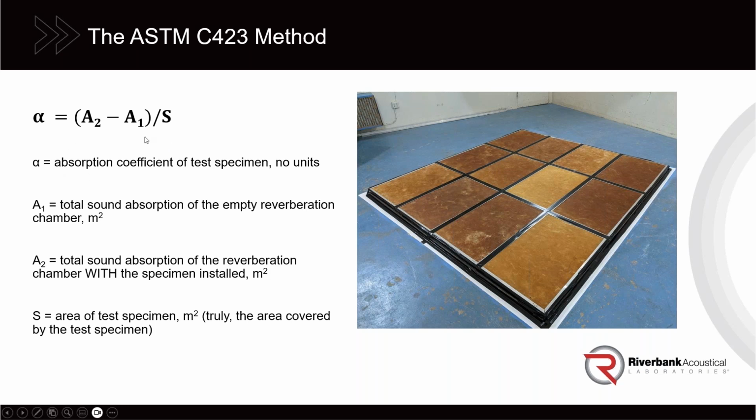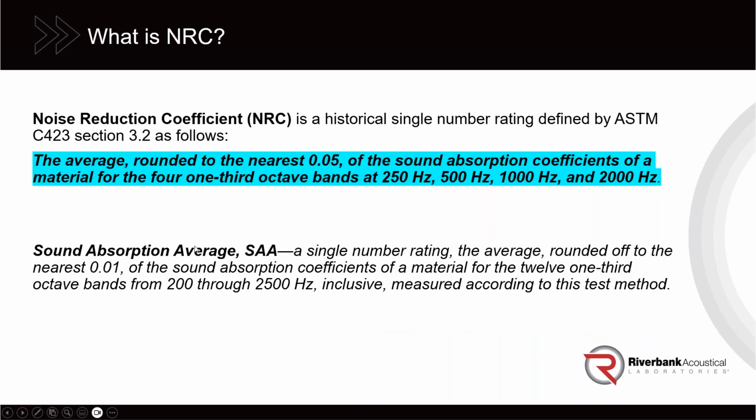We use this term to describe the Sabins per unit area of material, the sound absorption per unit area, the Sabins per square foot. And this is why you can have sound absorption coefficients that exceed 1. With these flat materials, we take that total added sound absorption, so the area of absorption added by the material, and divide it by the area covered by the test specimen, and that's the sound absorption coefficient.